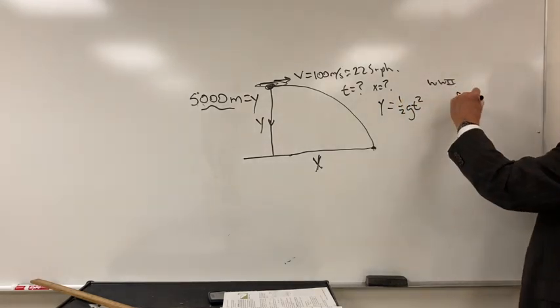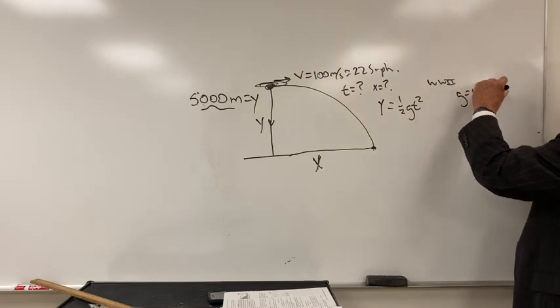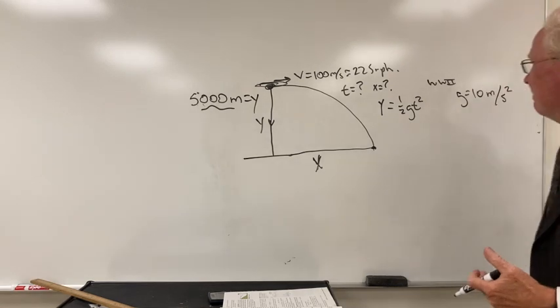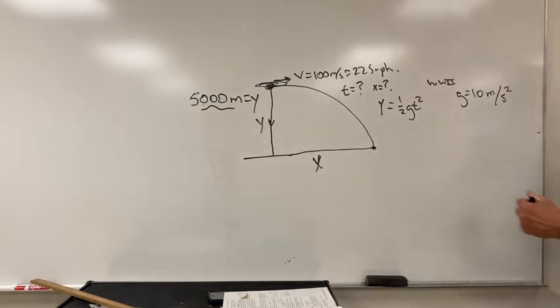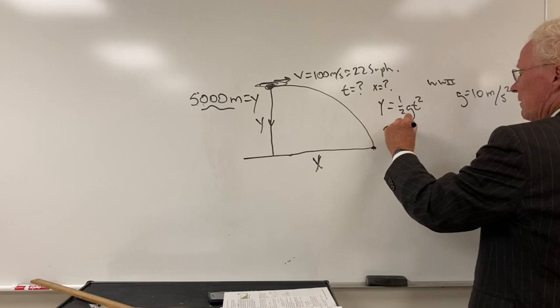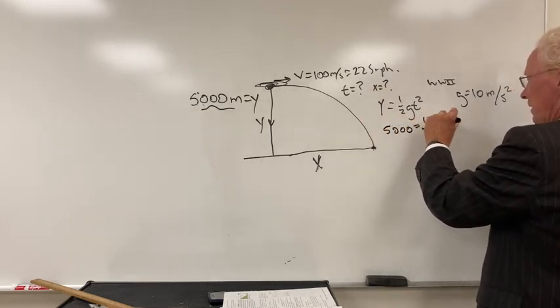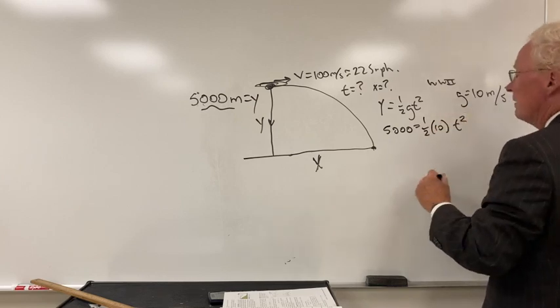And for the problems I use, I'm just going to do approximate. If I was doing it in real life, I would use 9.8. So it'd be 5,000 is 1/2 times 10 times t squared.